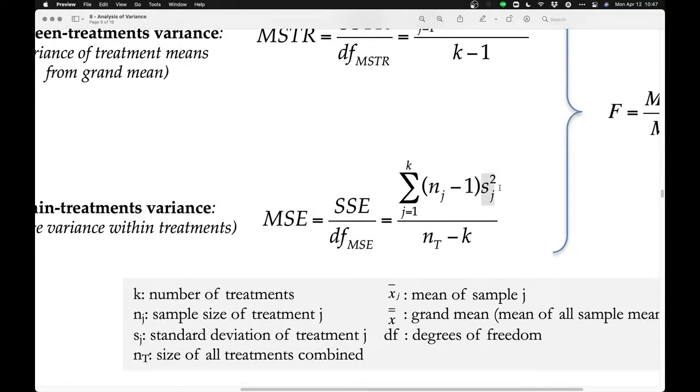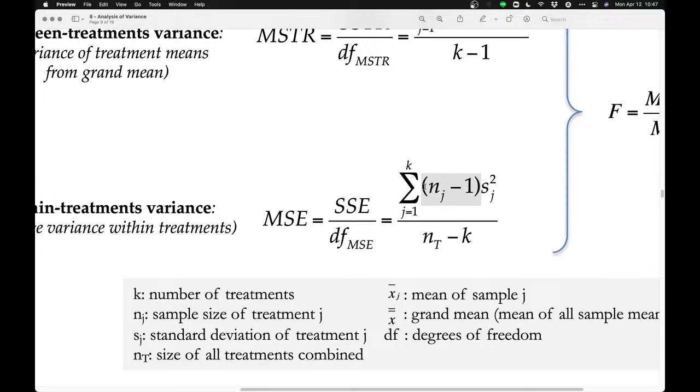We start with s squared, where s sub j is the standard deviation for a particular treatment, so s squared is the variance of that particular treatment. It's looking at three treatments, j from 1 to k. For each treatment, it's looking at its variance and multiplying it by its degrees of freedom.